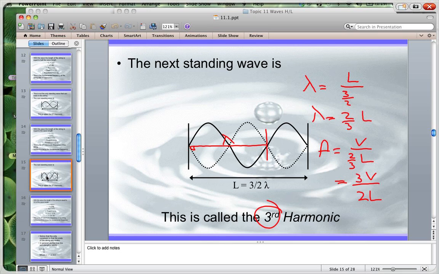Let's write it here and see if you can see the pattern. Your first harmonic was V over 2L. Your second harmonic was V over L, and your third harmonic was 3V over 2L. Can you give me the formula for your nth harmonic?